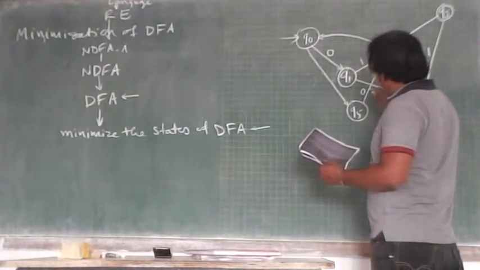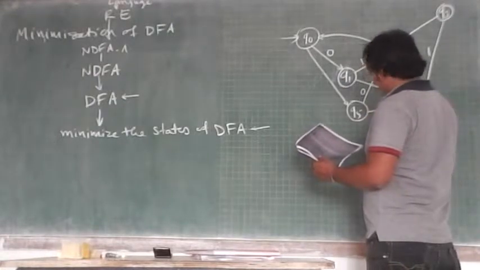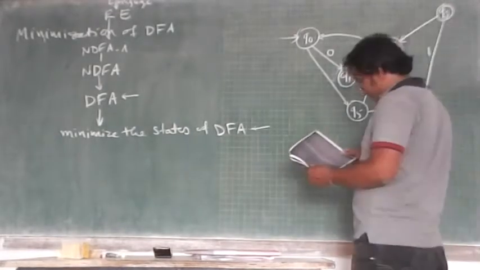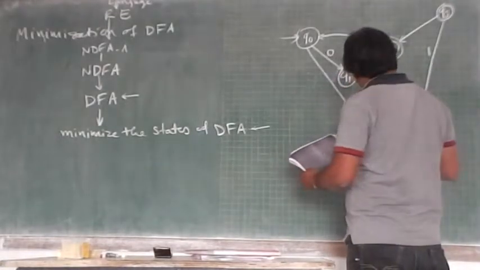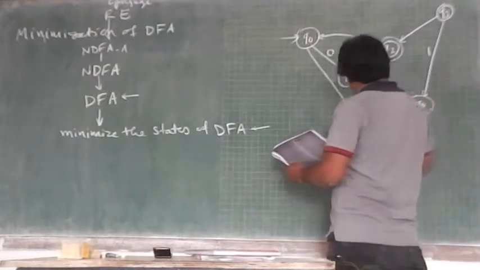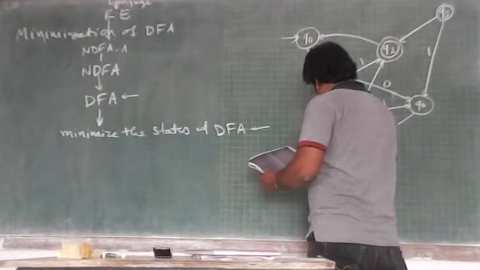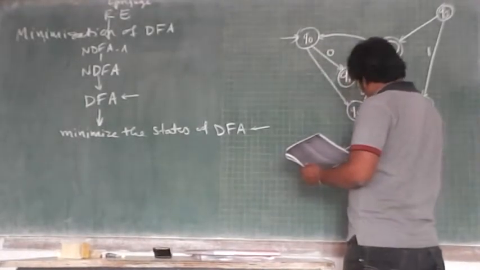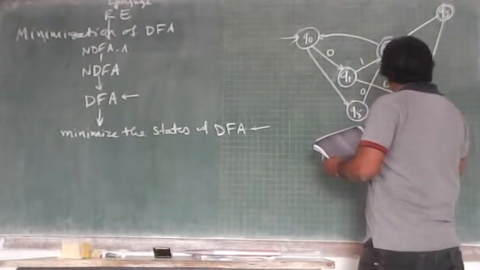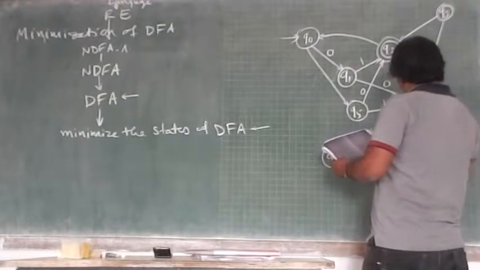From Q5 for 0 you are going to Q2, and from Q5 for 1 you are going to Q6. So from Q6, Q4 for 1, and for 0 from Q6, no, for 0 there is a self loop.